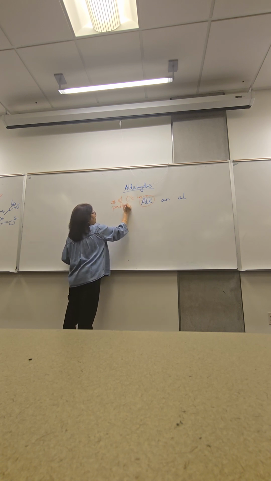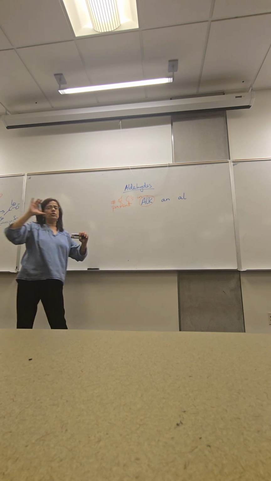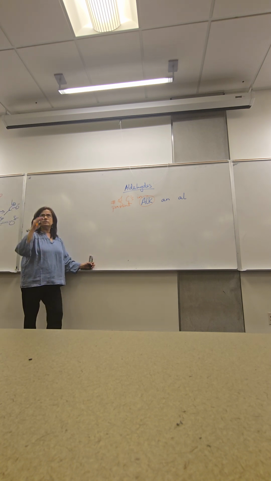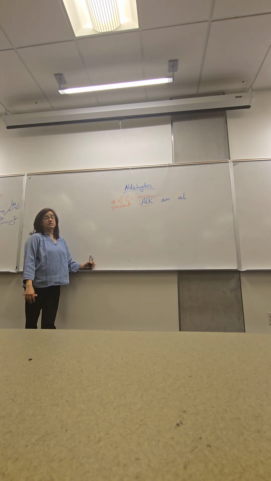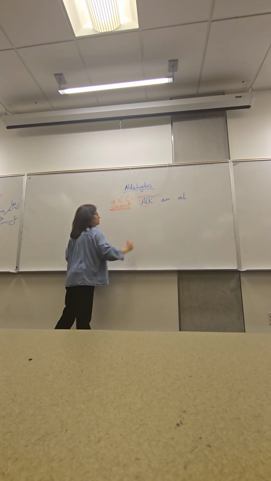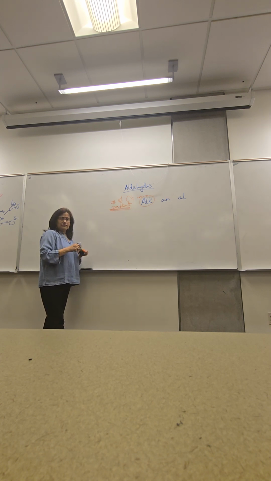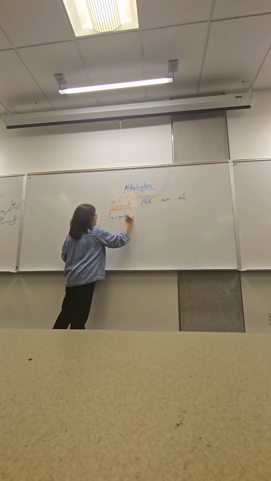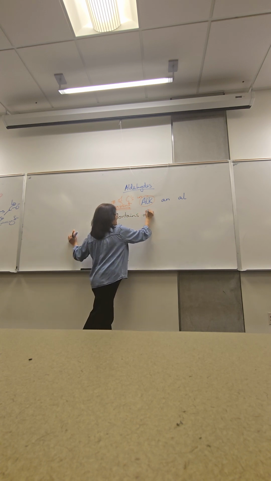Now the parent chain goes by order of priority. I think I wrote down the order of priority once, but we can write it down again later. I think I have a handout on Canvas with the order of priorities listed as well. All the families we've seen so far, the parent will be the one that contains the aldehyde.